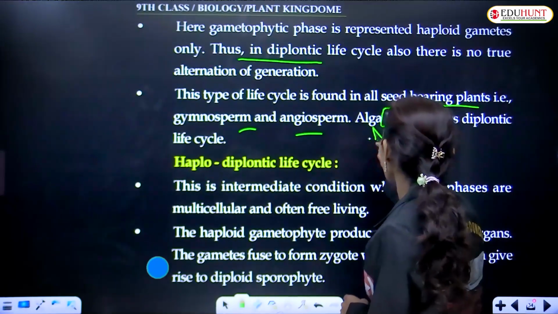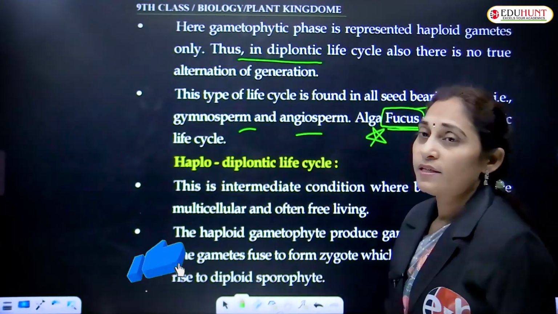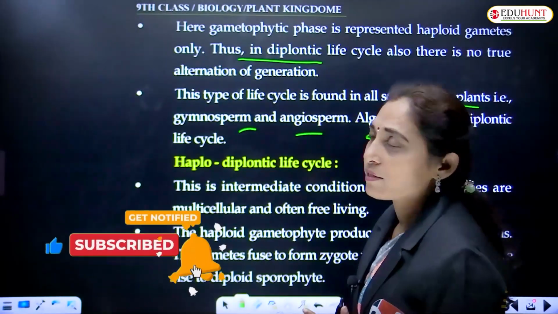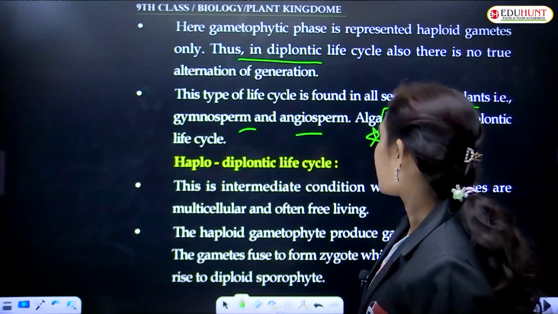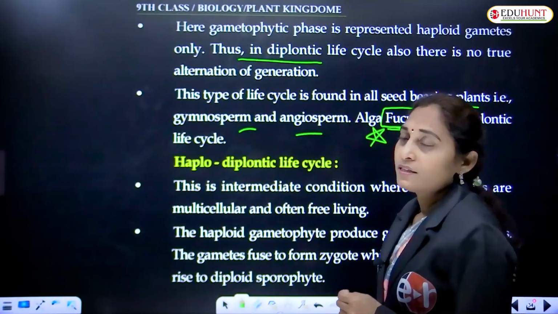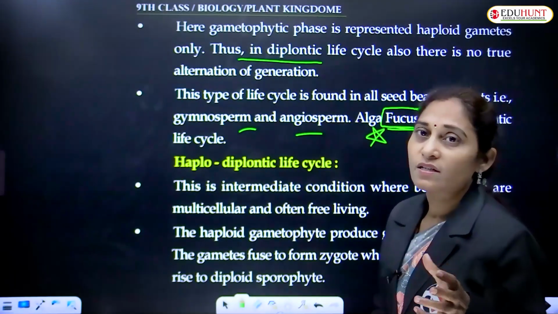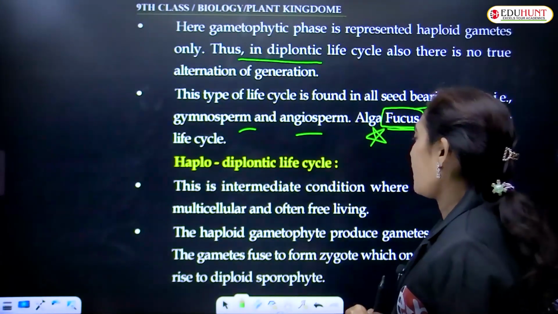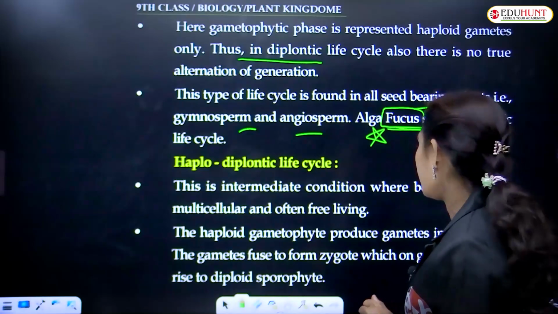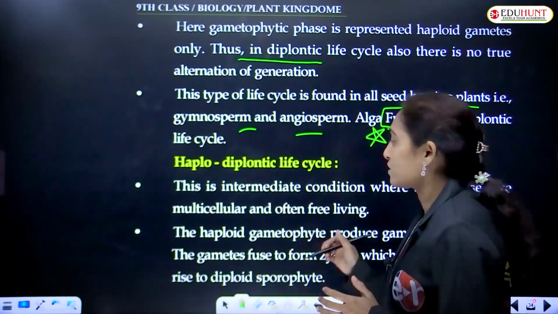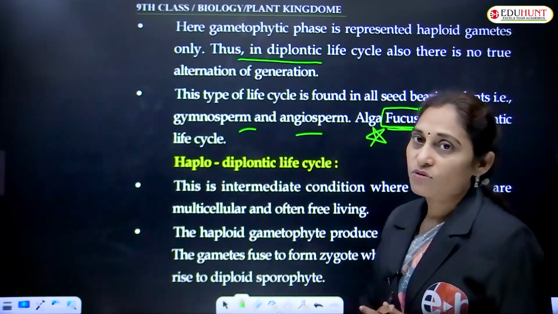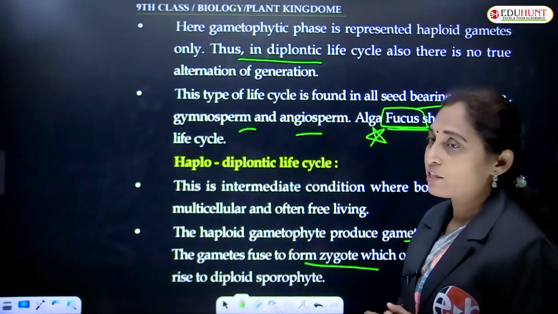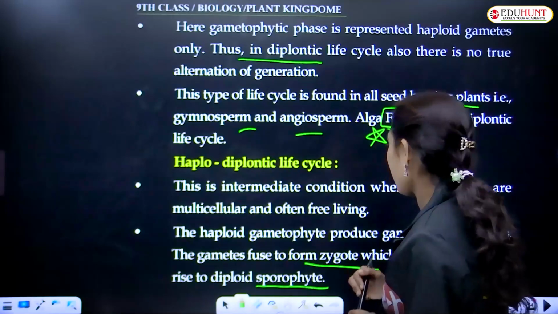It is very important. And next, the third type of life cycle is the haplodiplontic life cycle. This is an intermediate condition where both multicellular phases are often found and are free living. The haploid gametophyte produces the gametes in the sex organs, and the gametes fuse to form the zygote, which on germination gives rise to the diploid sporophyte.